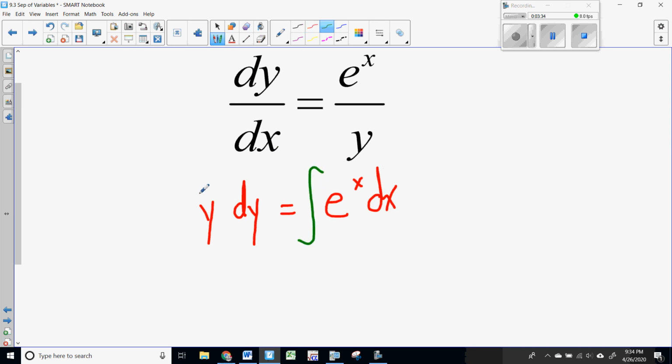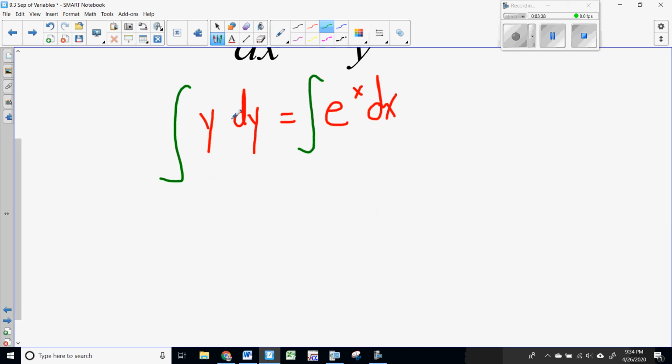Then we integrate both sides. The antiderivative of y is 1/2 y squared. The antiderivative of e to the x is just e to the x plus c.